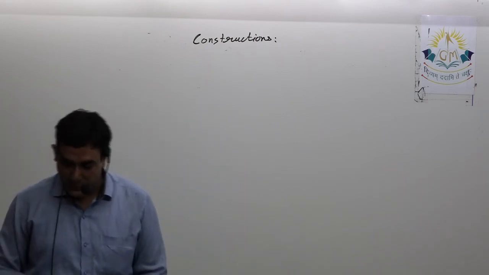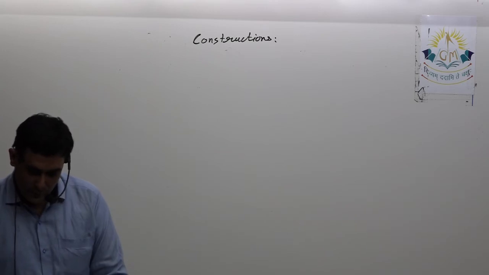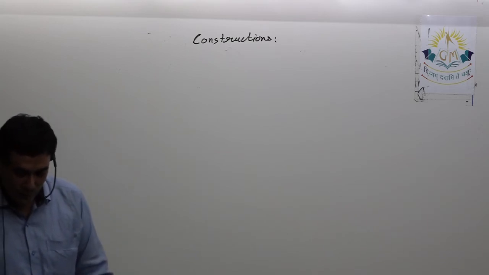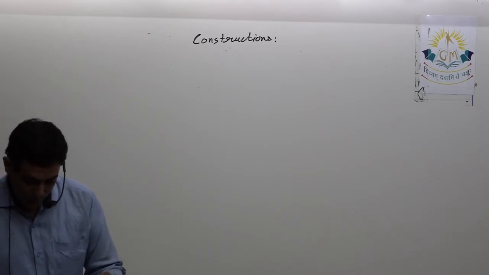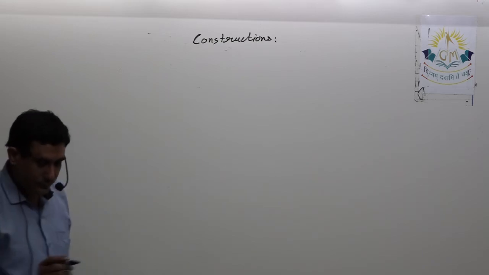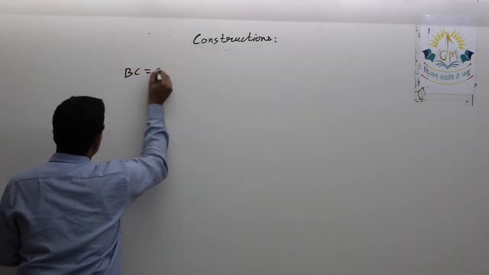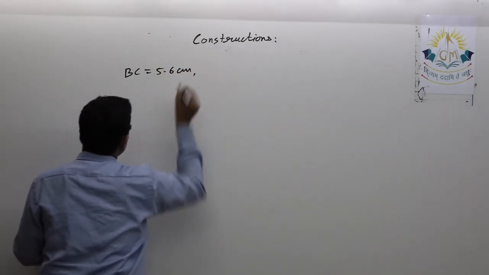So let me take two questions and I will give you their solutions simultaneously to make you understand when we have to take the arc above and when we have to take the arc below. Okay, so let me take a question. Base BC is given 5.6 centimeter.